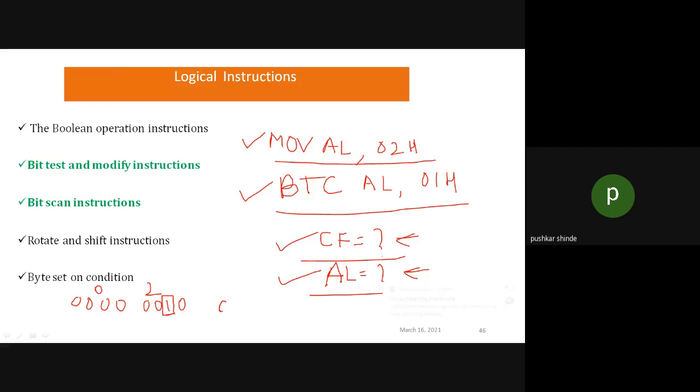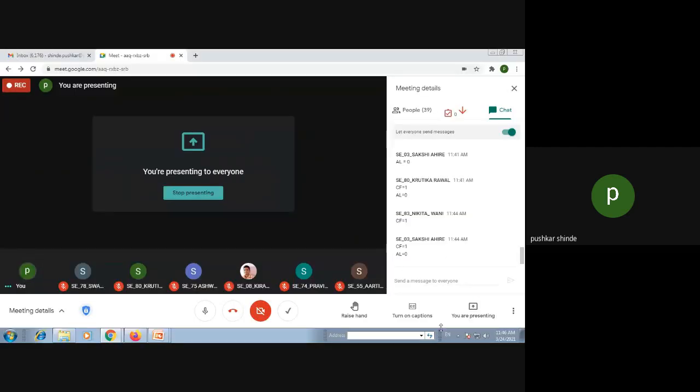With this 1, the carry flag will be put value 1 in it, and since this is BTC, the 1 will be made 0. So this will change to 0 0, and AL will have the value 0 0 H. So the result: carry flag will be 1 and AL will have 0 0 H. Okay, clear with this?